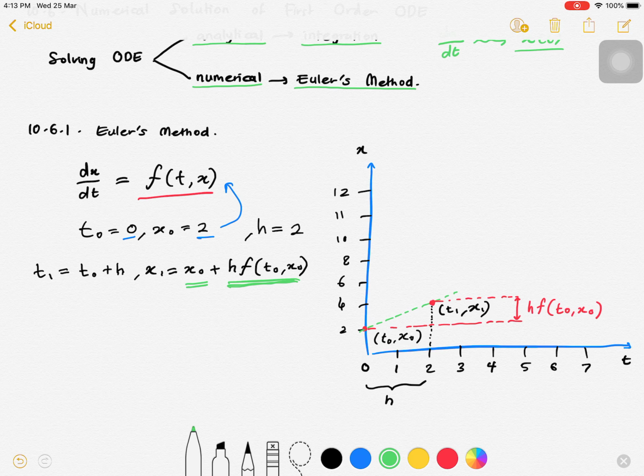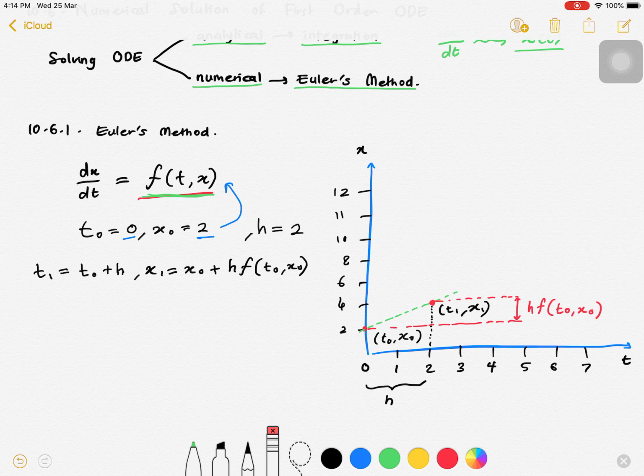Okay, now we will not stop there. We need to continue with a similar method to get the third point. Right now we know the values of t1 and x1, so we can get the gradient at the second point. When we put these values inside this gradient equation, we can get the gradient at the second point.